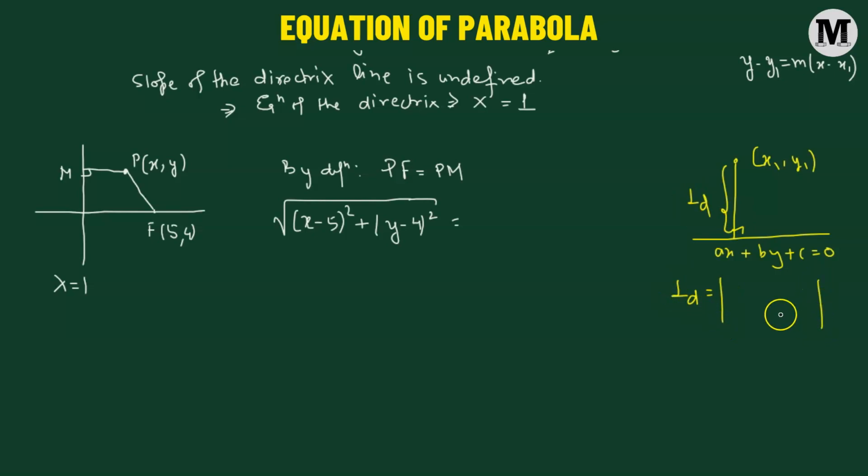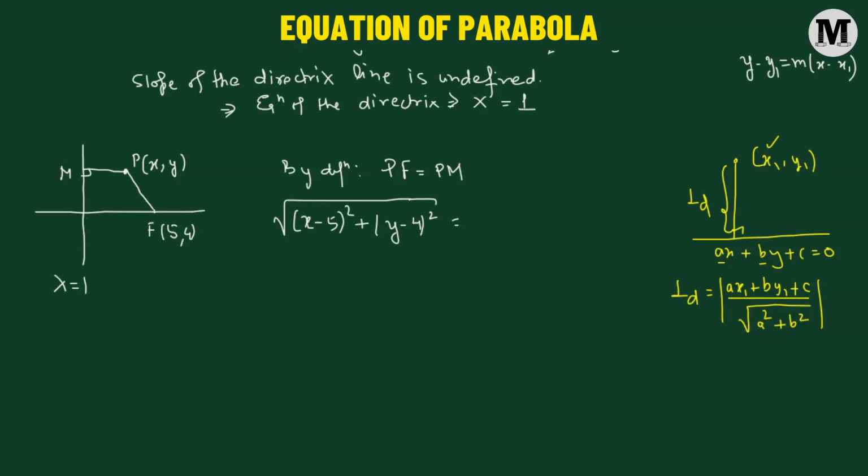Take the absolute value of a ratio: the coefficient of x, that's a, multiplied by x1, plus the coefficient of y, that's b, multiplied by y1, plus the constant term c, divided by the square root of the sum of the squares of the coefficients, a squared plus b squared.